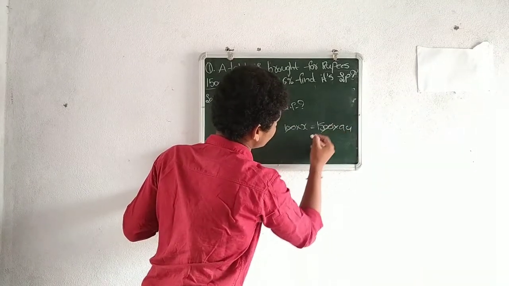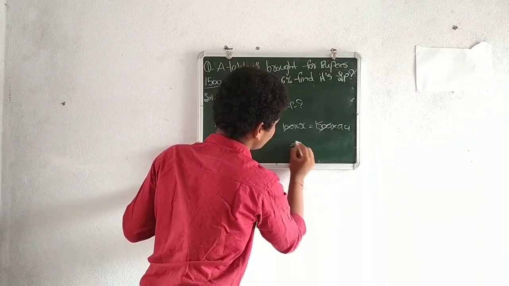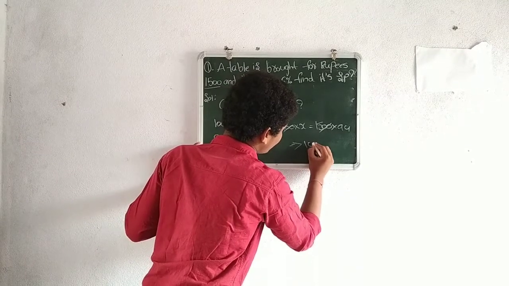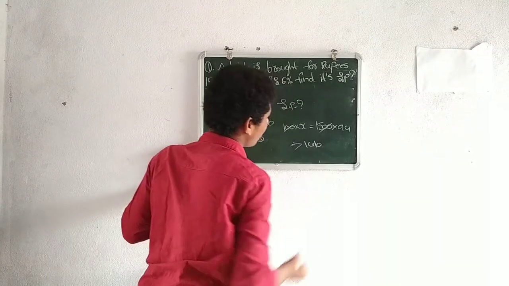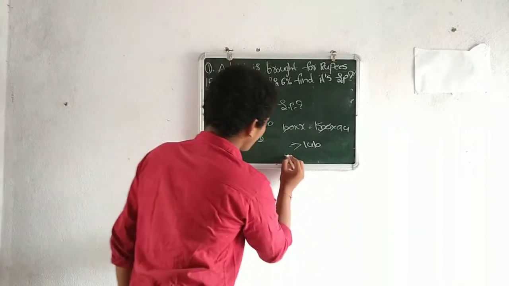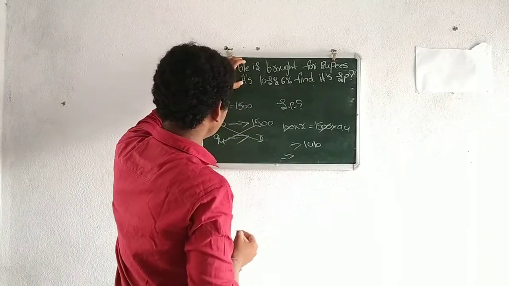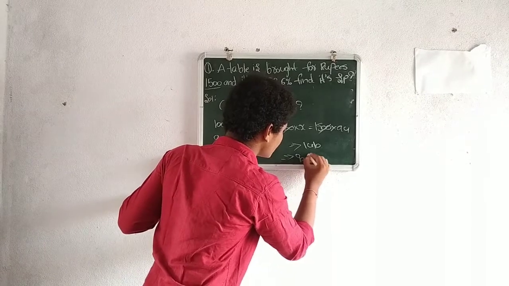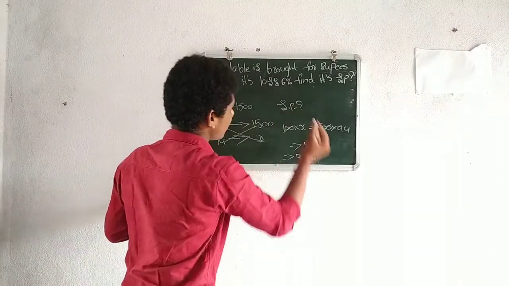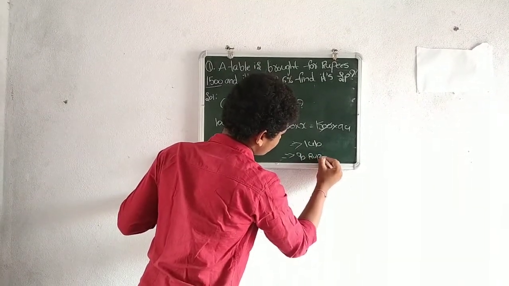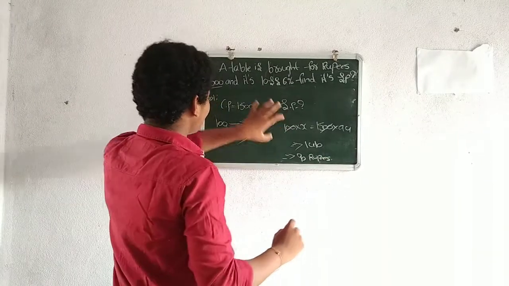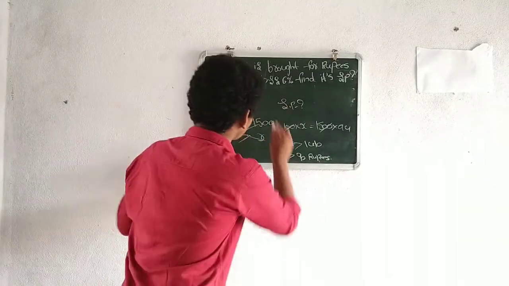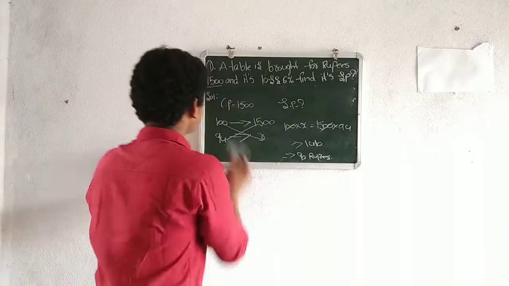Cut the 2 zeros, 15 into 94 is 1410. So how much loss did we get here? 90 rupees, 6% loss. This is the finding here. Okay, next question. We move to the next question.